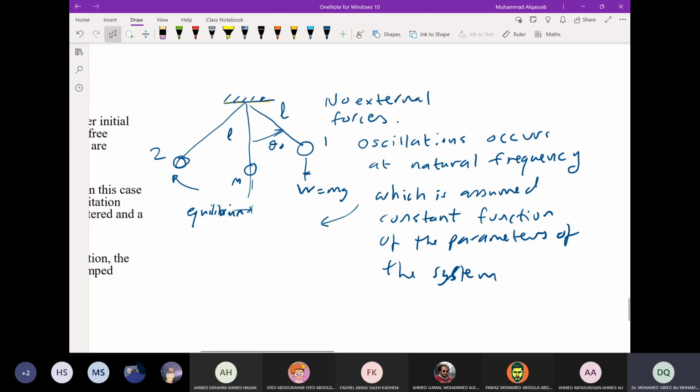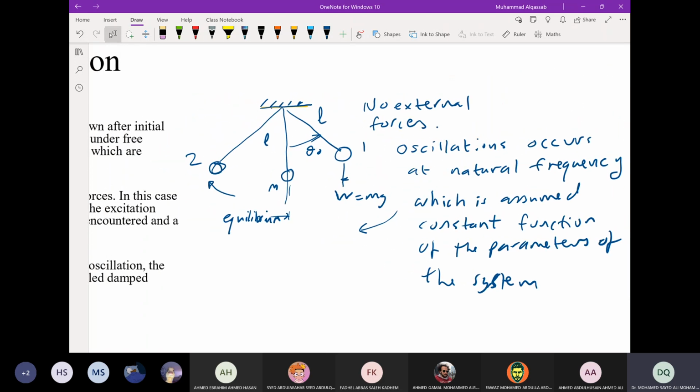If you go back to the pendulum, it may be easier to illustrate the frequency. If point 1 is the starting point, the pendulum goes from point 1 to point 2, which is the second extreme, and then back to point 1.